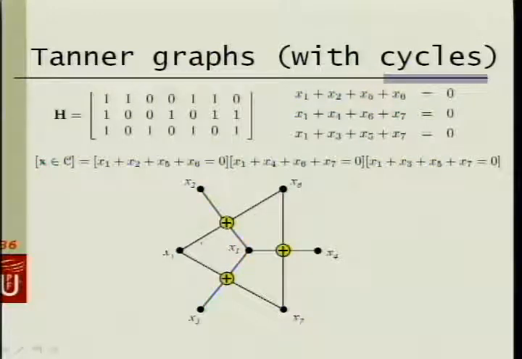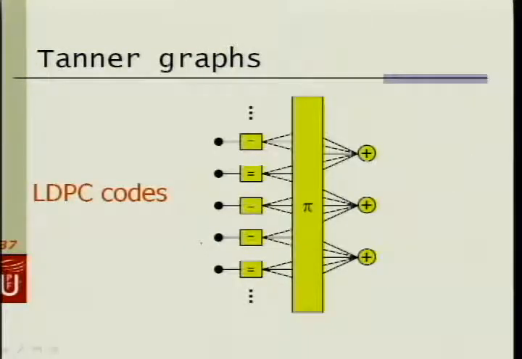And in fact, this theory is successful for codes like the low-density parity check code. This is an example of what is called a regular low-density parity check code. The structure, in terms of factor graph, can be understood by just looking at this picture. These are the variables, these are the symbols.